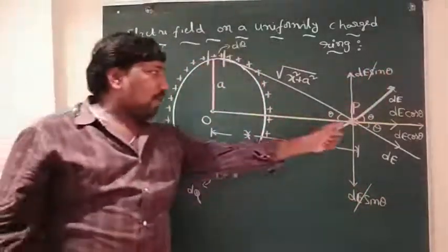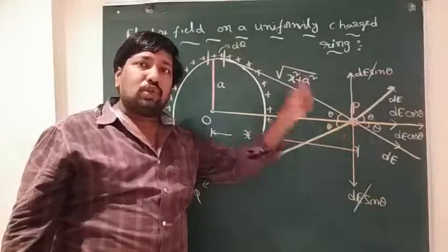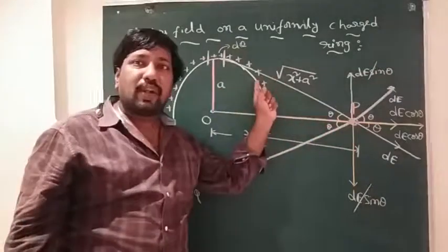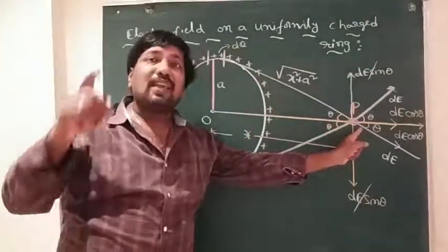Now the net electric field at point P due to the uniformly charged ring is only the x components.